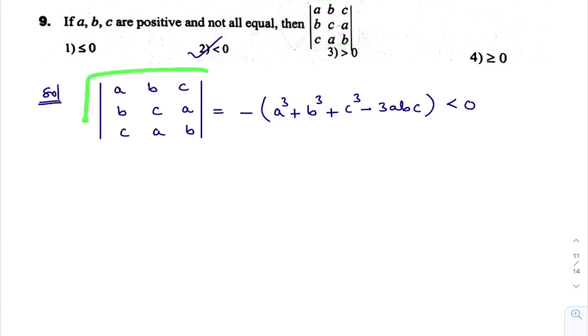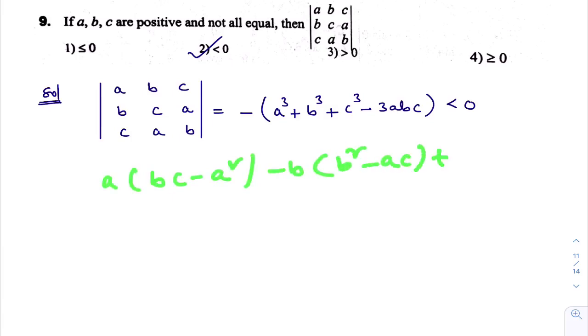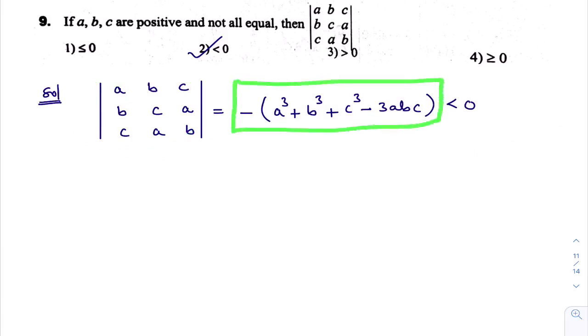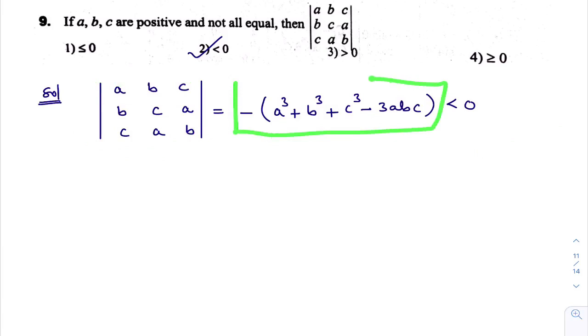With the normal expansion, I expanded this determinant like A into (BC minus A square) minus B into (B square minus AC) plus C into (BA minus C square). You just expand and simplify, and then you will get this expression at the end. What is this expression? Minus of (A cube plus B cube plus C cube minus 3ABC).